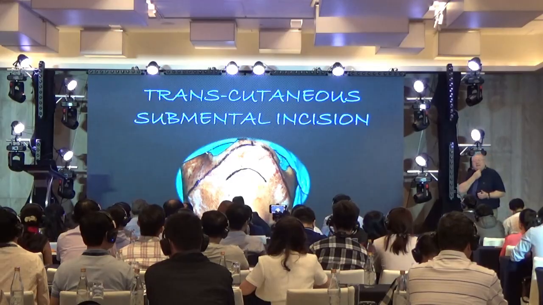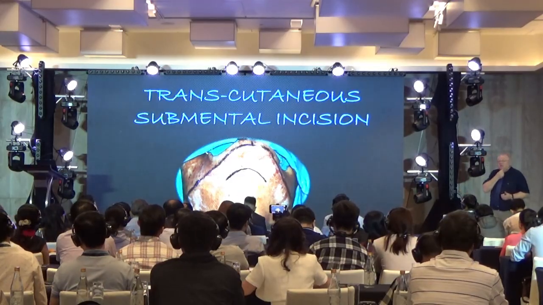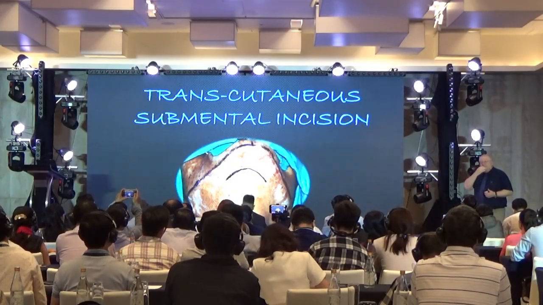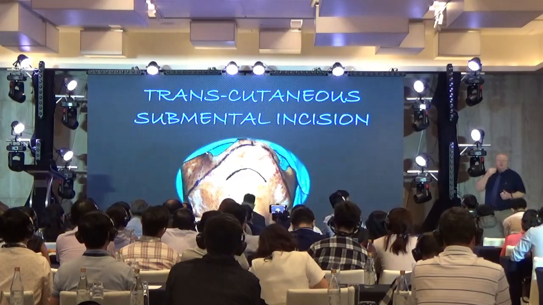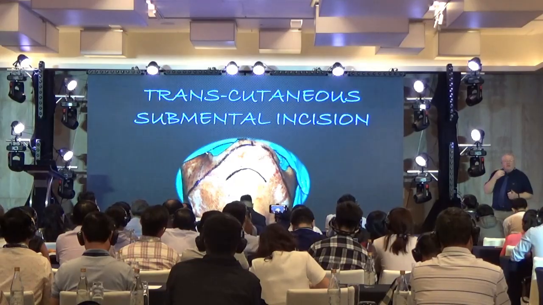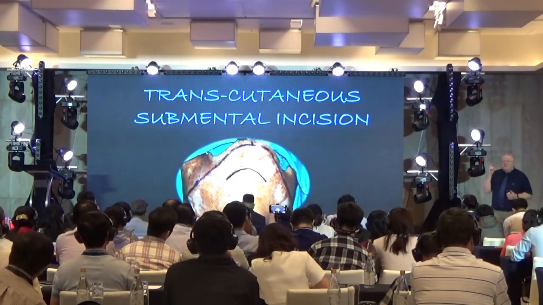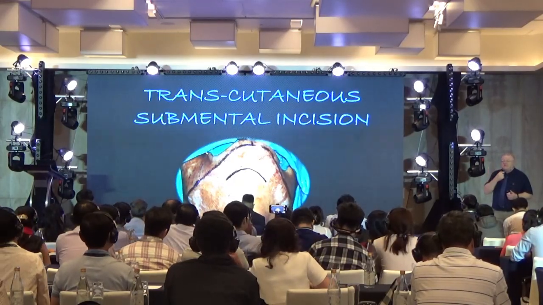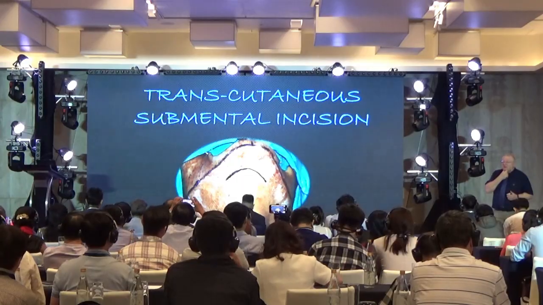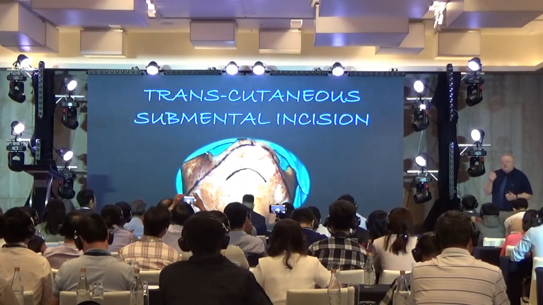So this skin can be used for vertical augmentation. And if you use the skin, you will gain twice. First, you'll have enough soft tissue for the vertical augmentation. Second, for the patient, it will look like a chin lift. Suddenly the patient will look much younger.